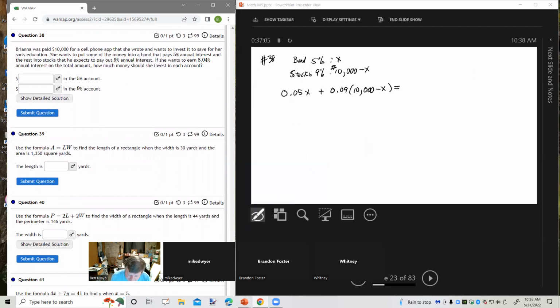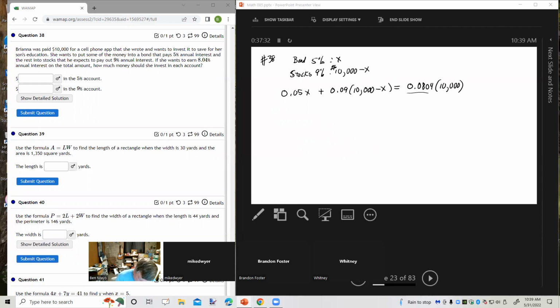So on the right side of the equal sign, we're going to have 0.0804 times the total amount of money. And again, this is converting 8.04% into a decimal, but it's going to be that percent of the total amount of money. Okay, so do you see the difference there between those two problems?